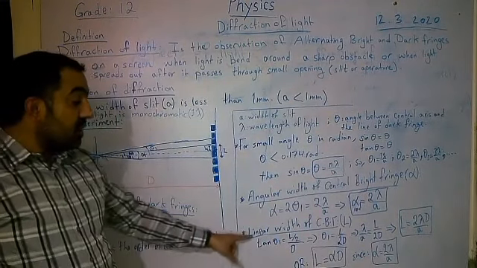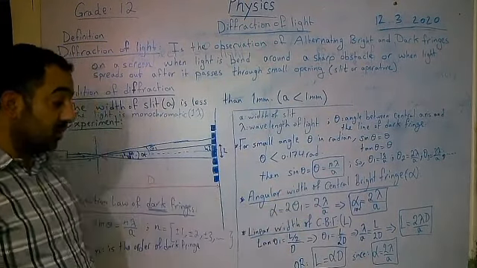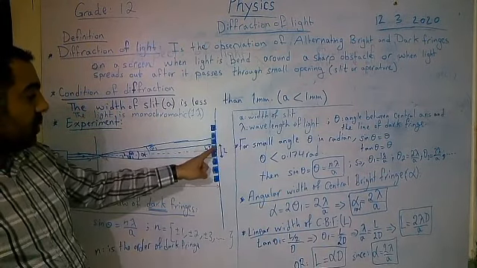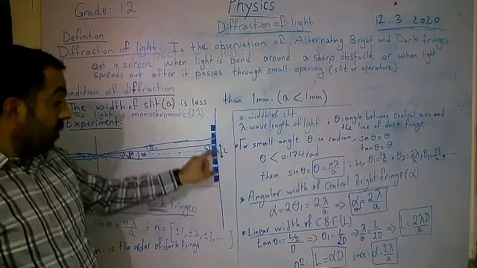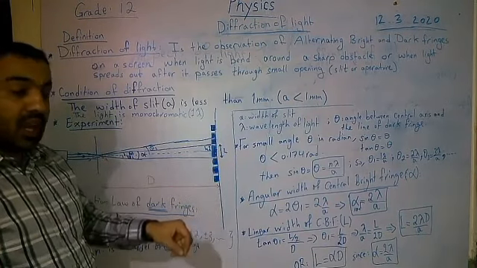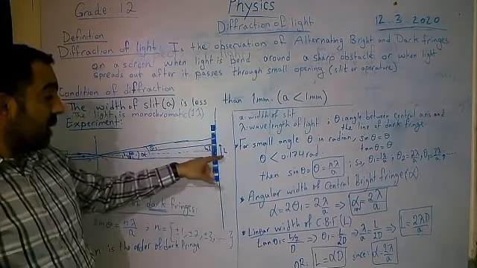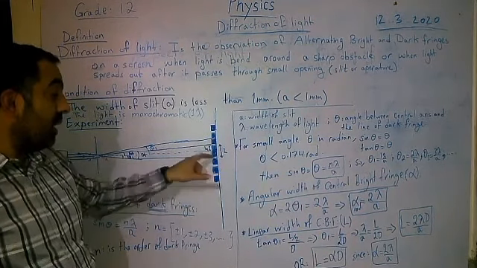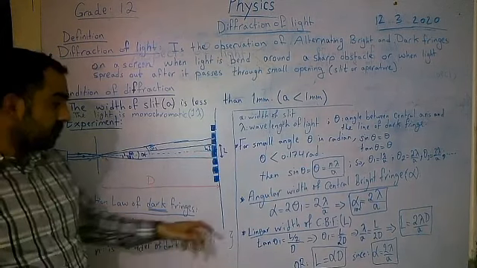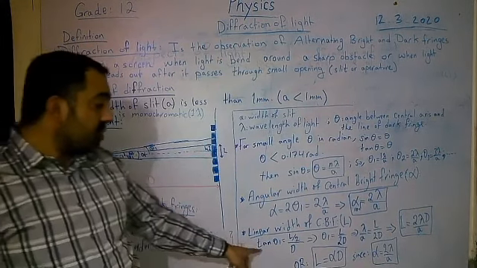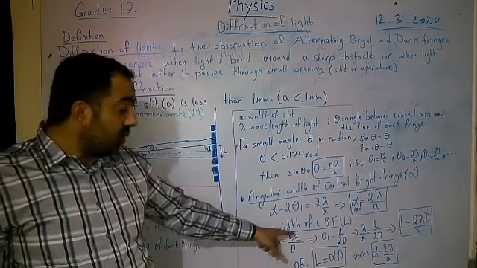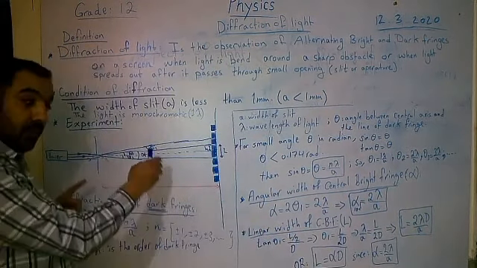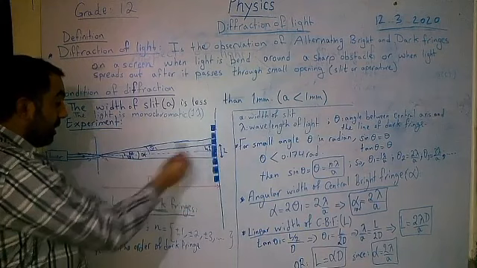Another width is the linear width of the central bright fringe. This is the central bright fringe. Linear width is the width on the screen. We can measure it using a ruler, and the symbol is L. We can say tangent theta 1 equals L over 2 over D. Apply the Pythagoras theorem on this triangle.